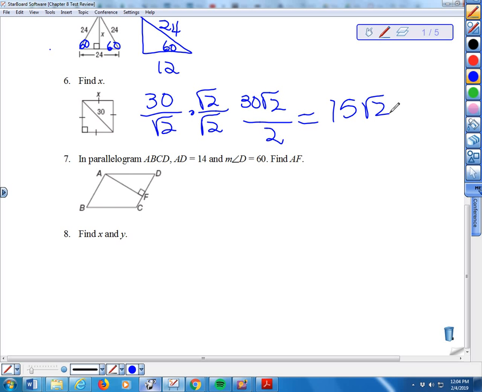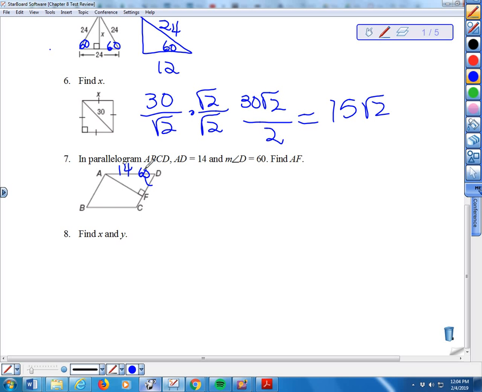Okay, in the parallelogram ABCD, AD is 14, and angle D is 60. Find AF. Well, that's the side opposite the 60. What do I have? Which side? Hypotenuse, opposite the 30, opposite the 60. Which one? Hypotenuse. Okay?